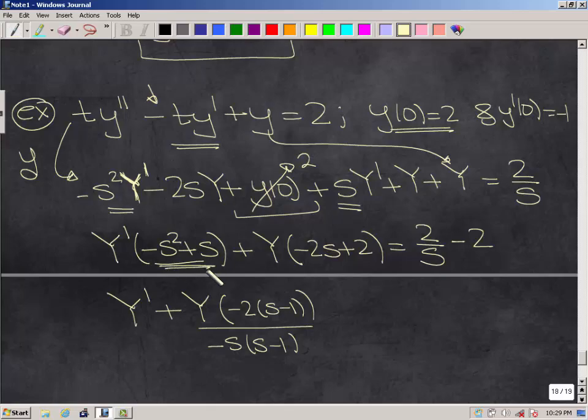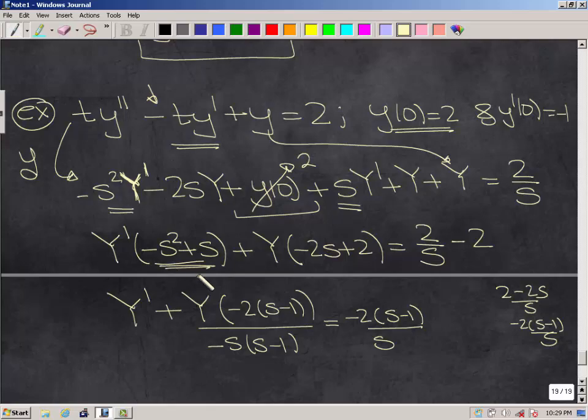When I take a negative s out here, is equal to, out here if you find the common denominator, you'll end up with 2 minus 2s over s, and if you take a negative 2 out, so we get negative 2 times s minus 1 over s. So if you take a negative 2 out, you'll get s minus 1 over s.